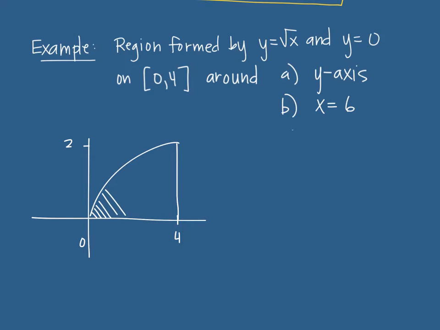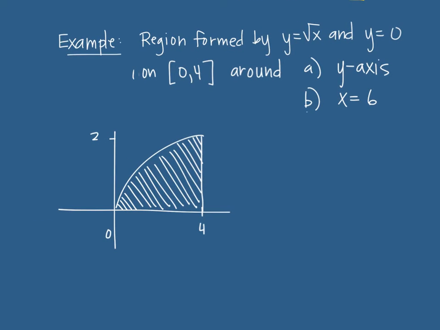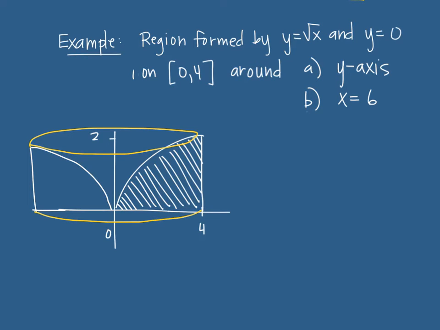So here is my region. And in part A, I'm going to rotate that around the y-axis. When I rotate it around the y-axis, it will look like this, with sort of this funnel shape formed on the inside.